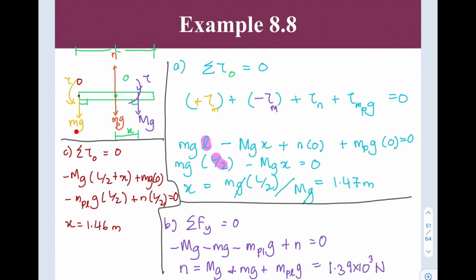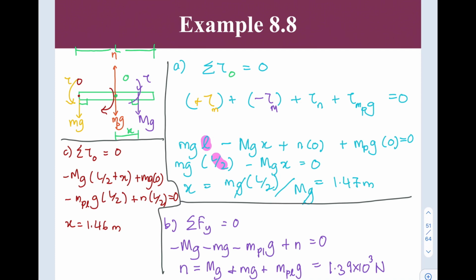Then we have the weight of the woman times 0, because it's passing through the pivot or the axis of rotation, so it has no perpendicular distance. And what else? This is the weight of the plank times g, times L over 2, the perpendicular distance from the weight of the plank to the pivot, plus normal.